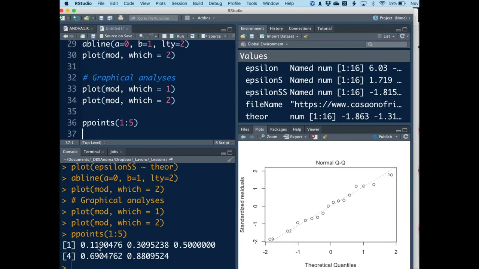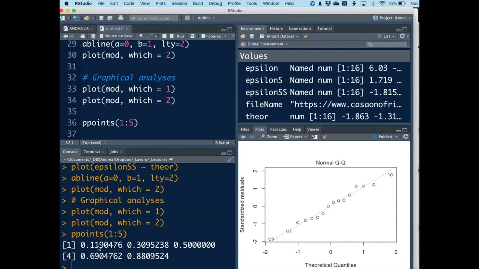For example, if I have 5 observations, the third one is the median, and we know that because the median is the central observation. And we see that the function p-points says this is the median. The second observation is the 31st percentile, and the first observation is the 11.9th percentile. So this function is calculating the percentiles corresponding to our observations.